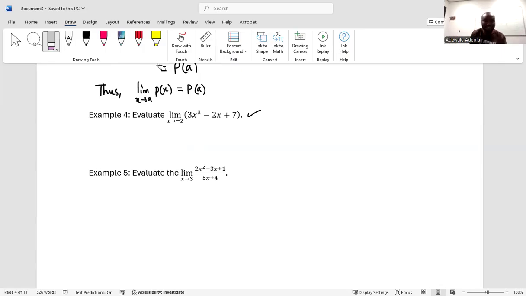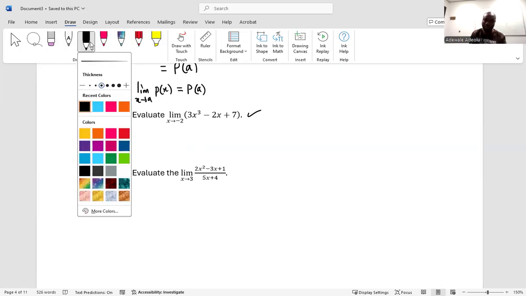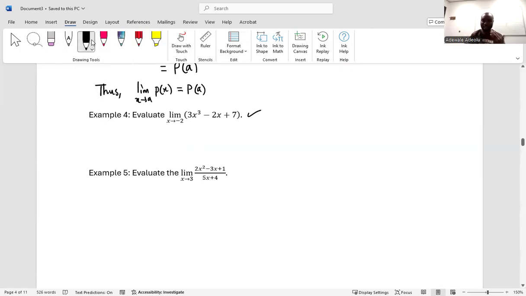I hope that makes sense. So maybe you can pause the video and think about this a bit before you continue. So it turns out that you can just substitute your a for x. So that is 3 times (-2) raised to power 3 minus 2 times (-2) plus 7. So that is 3 times -8 plus 4 plus 7.